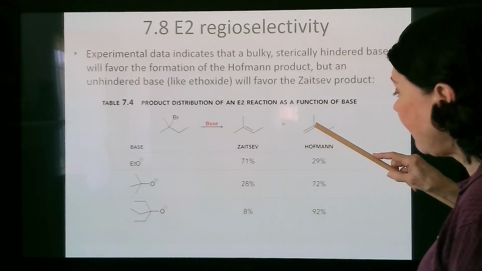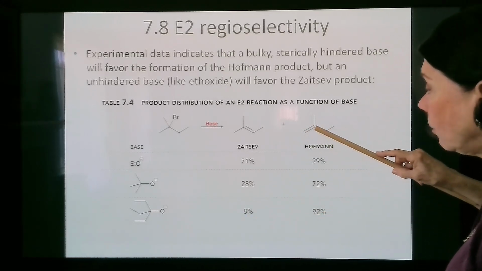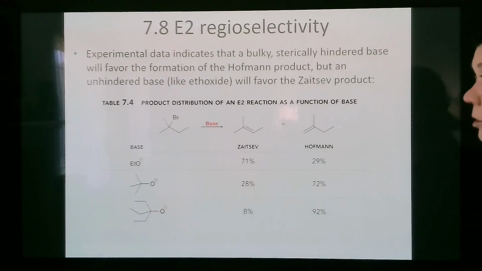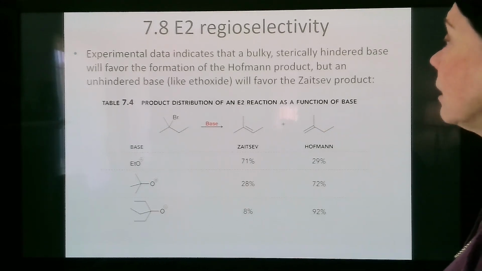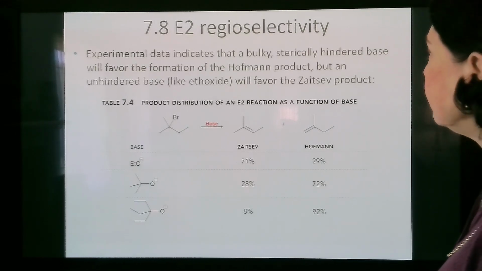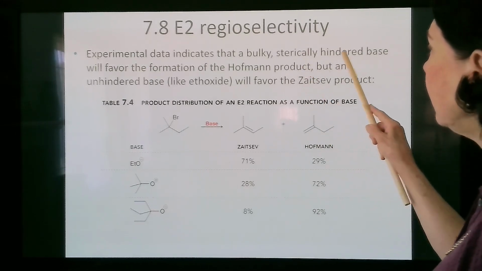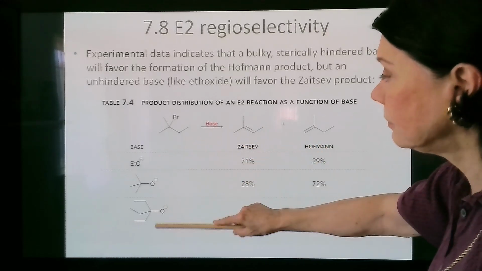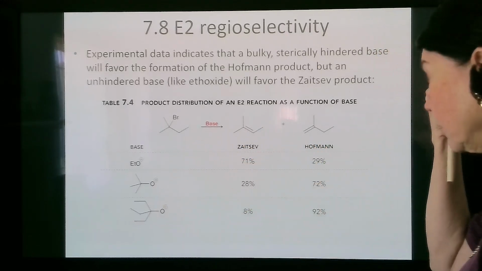So this really favors the terminal double bond formation, and that's purely a steric effect. Sterically hindered bases, okay? This is increasing the steric hindrance of the base.